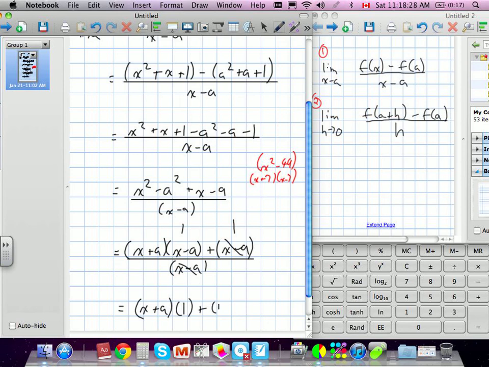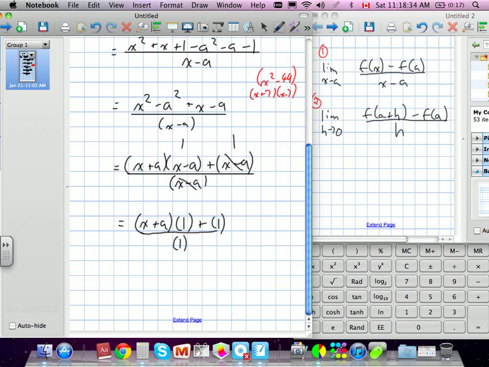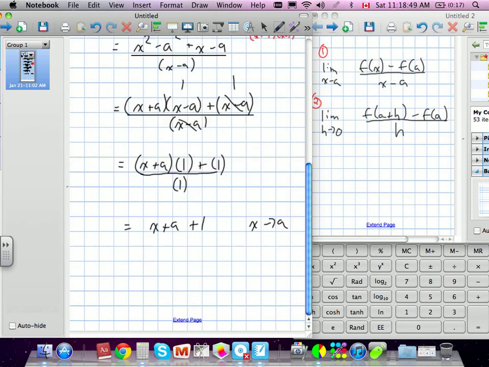The ones, except for the one at the end, are irrelevant because we multiply. We have x plus a plus 1, divided by 1 is irrelevant. We replace x with a, so this is where x becomes a, and we end up at a plus a plus 1. 2a plus 1 is our answer to this question.